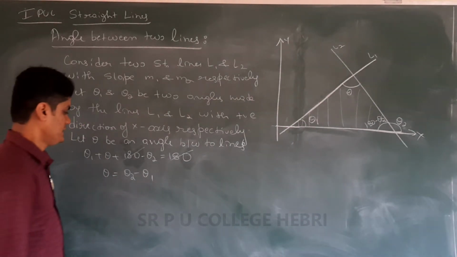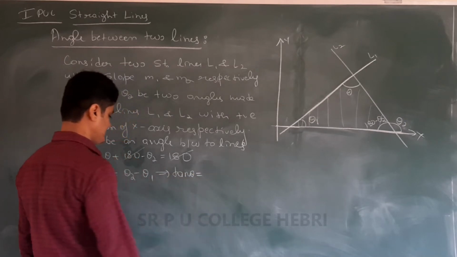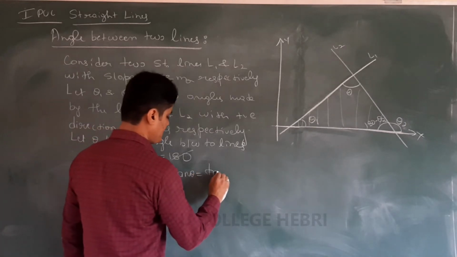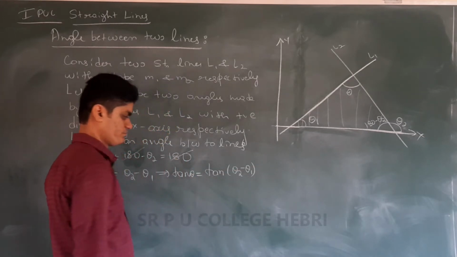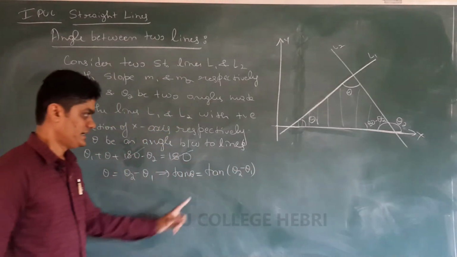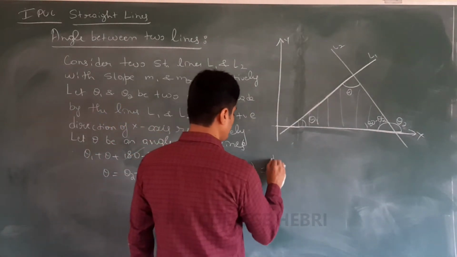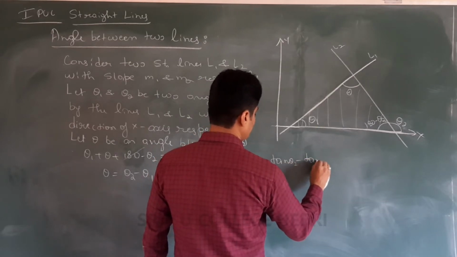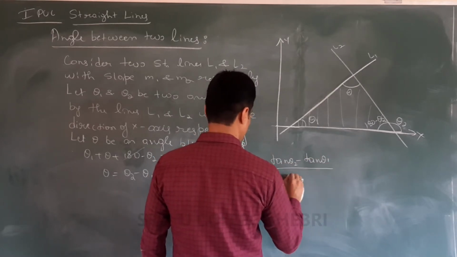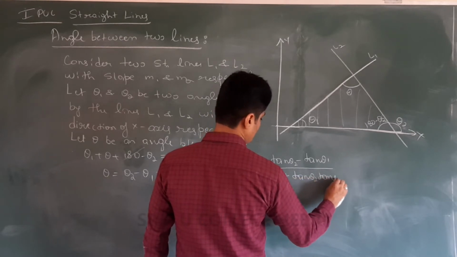Now this implies tan theta is equal to tan of theta 2 minus theta 1. I took tan on both sides. I hope you know the formula for tan of x minus y. Tan of x minus y is tan x minus tan y divided by 1 plus tan x into tan y. So tan theta 2 minus tan theta 1 divided by 1 plus tan theta 2 into tan theta 1.